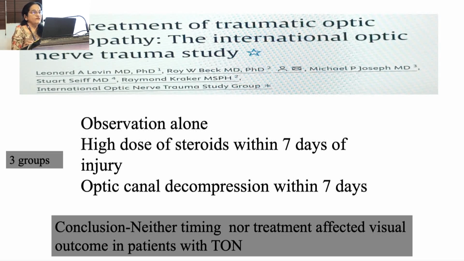They told us that 52% of the patients with steroids improved, while only 32% of the patients with surgery and steroids improved. But still, there is 57% who improved with conservative management.